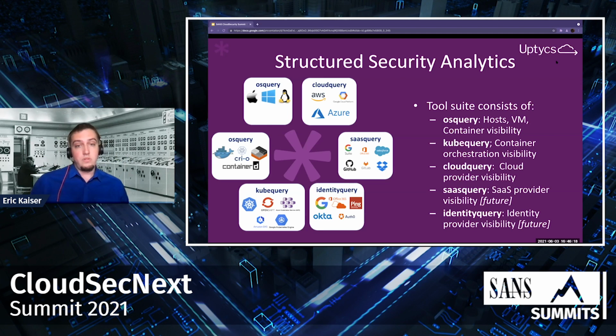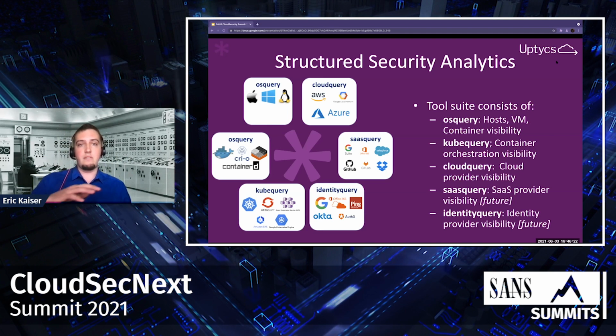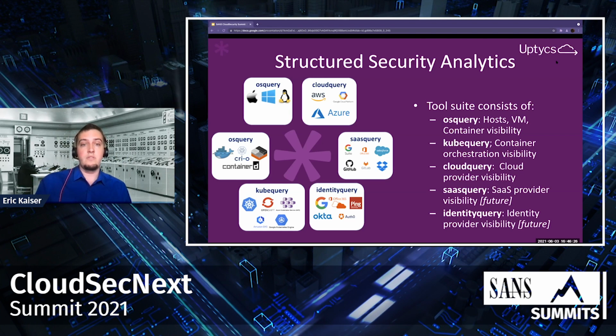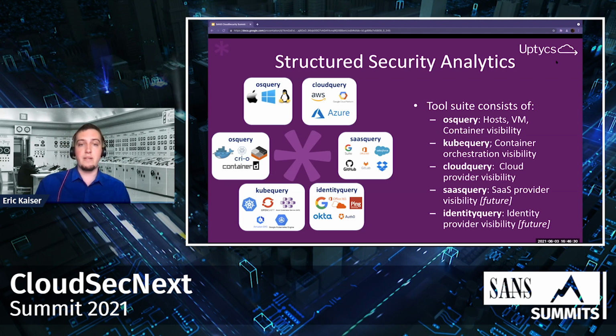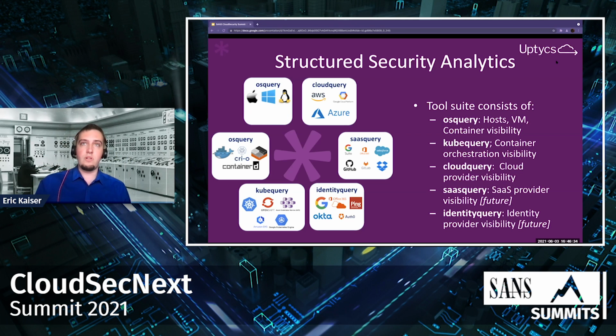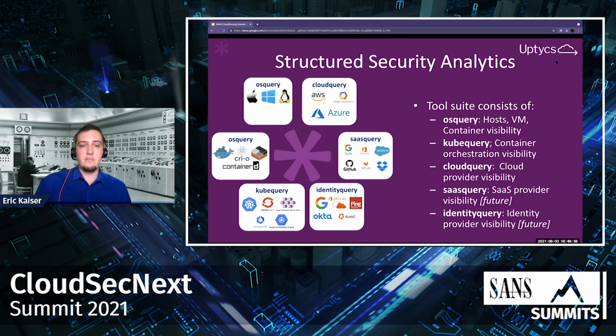We're hoping to, although we haven't yet, and I don't have an ETA, extend the power of those structured security analytics to SaaSquery, to be able to use the SaaS provider APIs to get information and put that into tables. And the same for identity query. That's identity provider visibility.